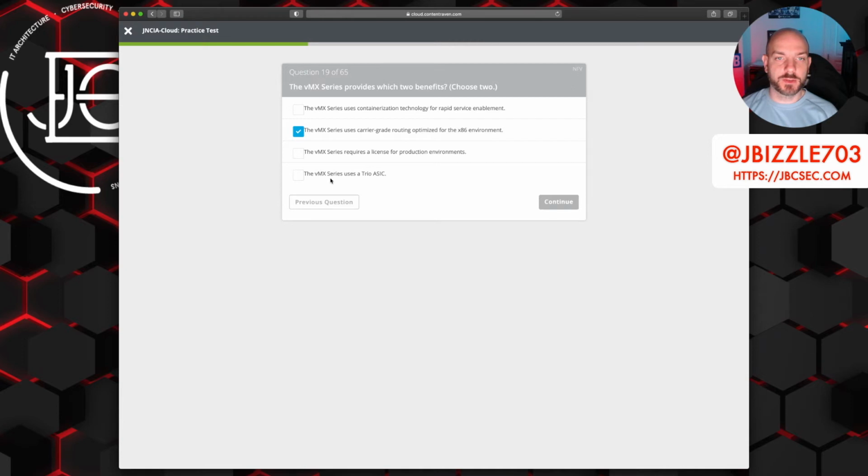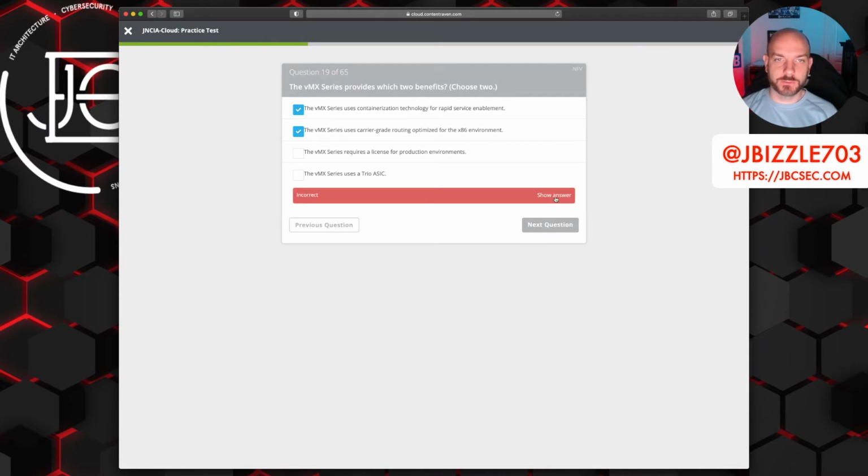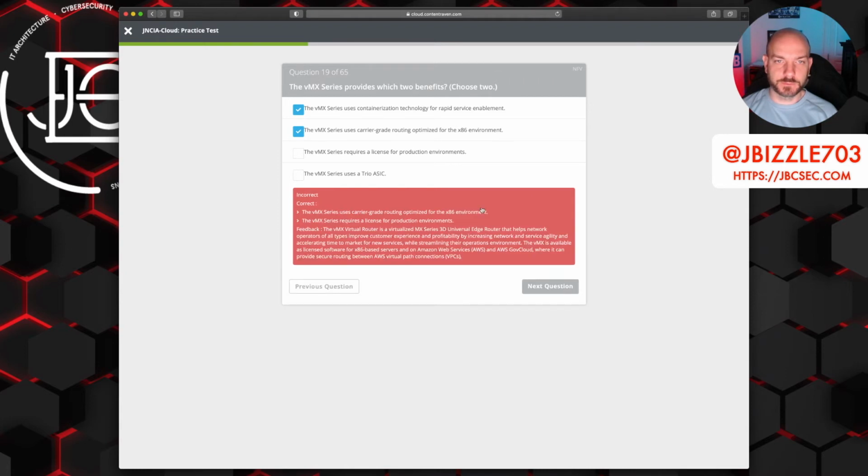The vMX series uses a Trio ASIC. I don't think that's it. So let's go containerization and carrier grade routing. Oh, license, okay.